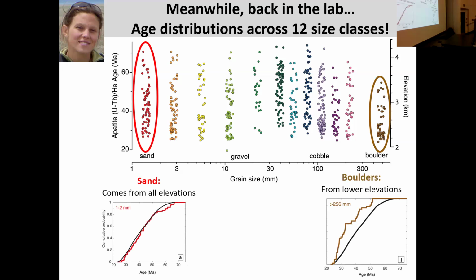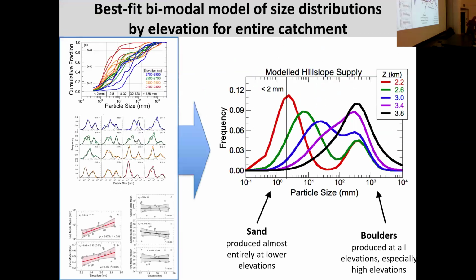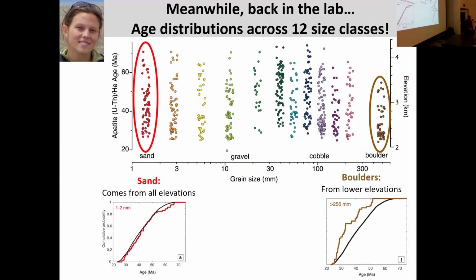The sand appears to come from all elevations, whereas the boulders are mostly just coming from the low elevations. So just to go back: in the field, sand only down low, boulders everywhere. But the thermochron data says sand everywhere, boulders only down low.